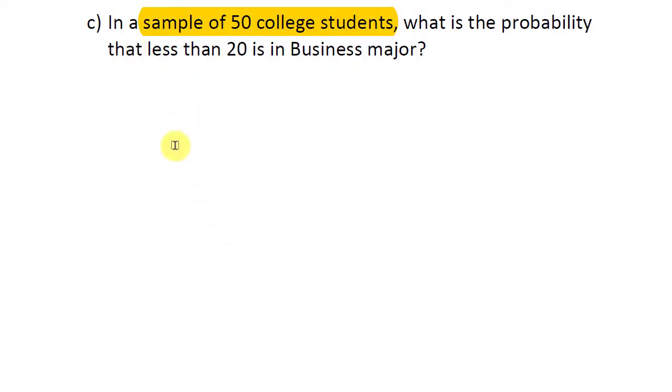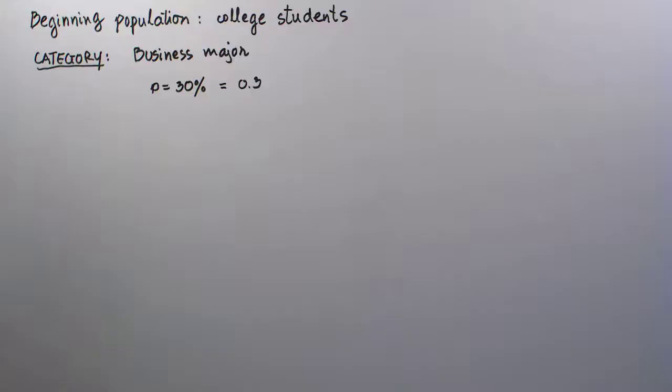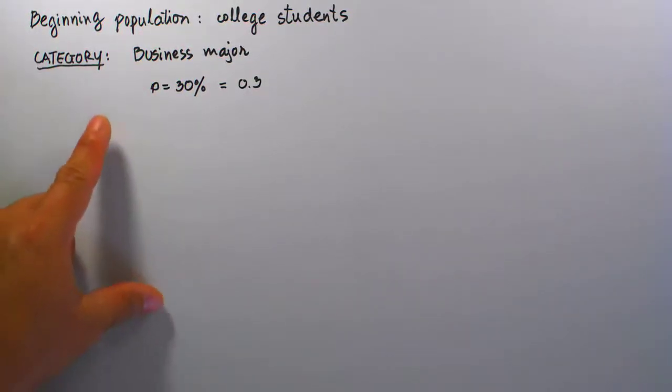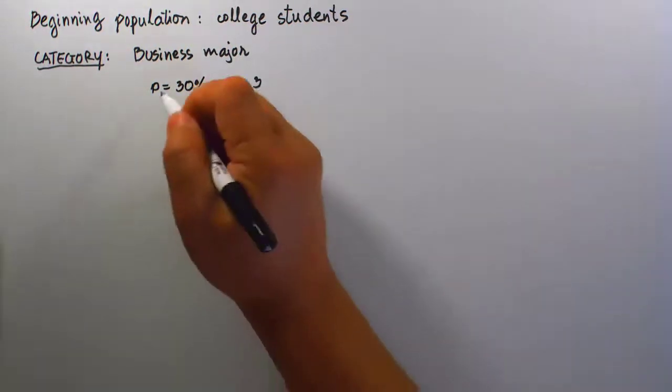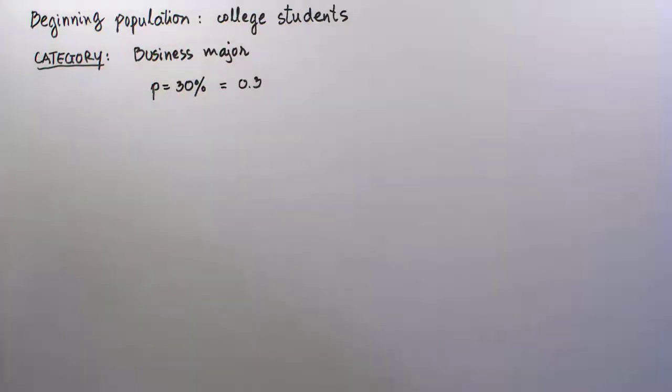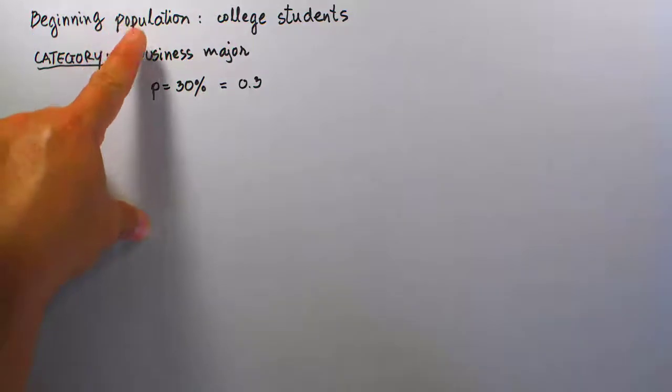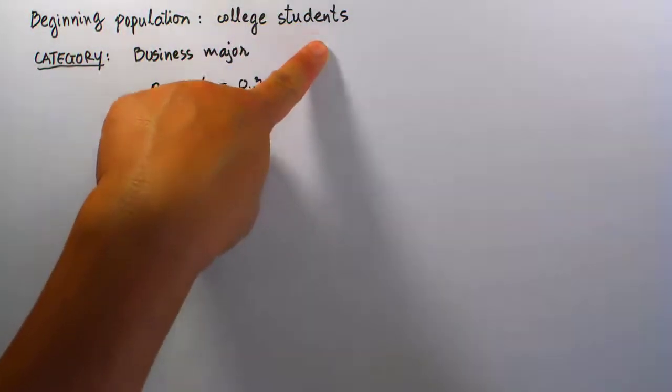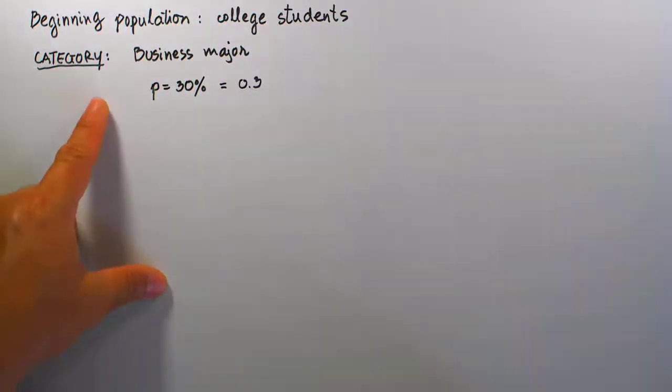However, part C still depends on the information given about the beginning population. Let's look back at our beginning population one more time. Our beginning population was the college students population. We picked different kinds of samples out there.